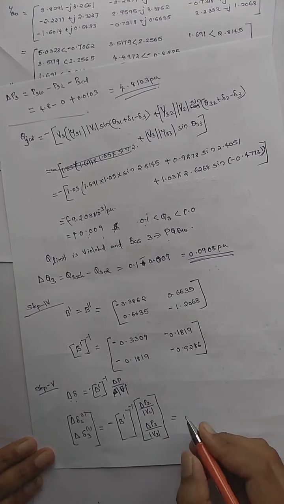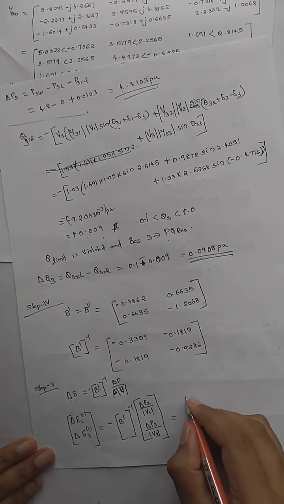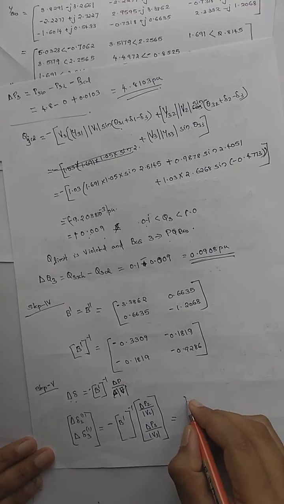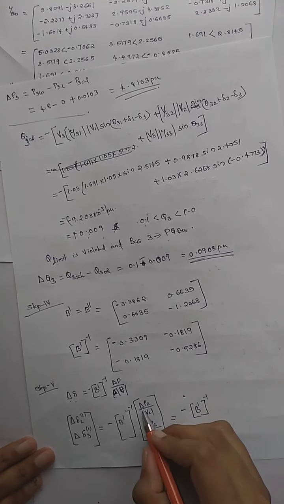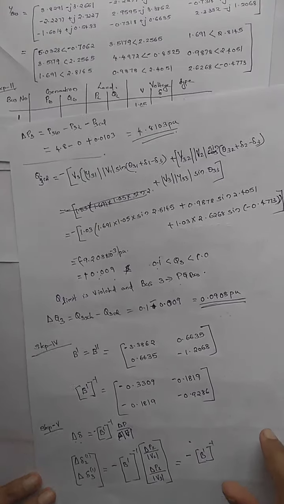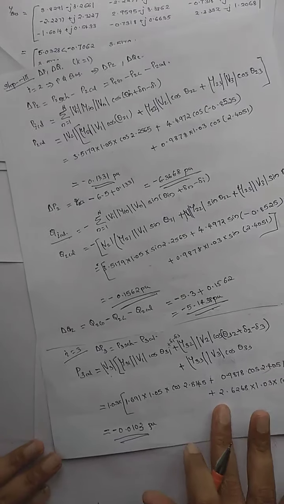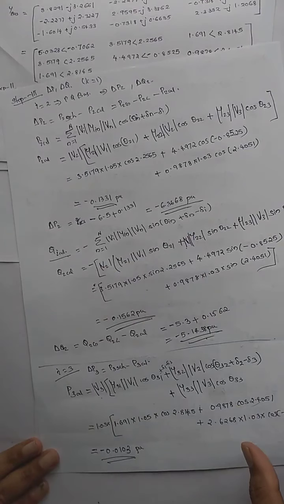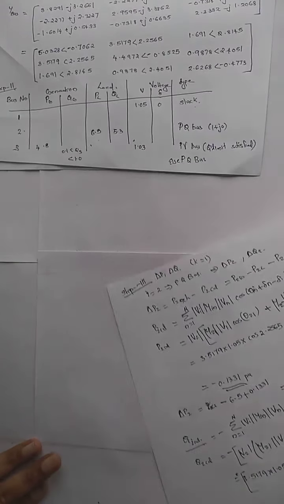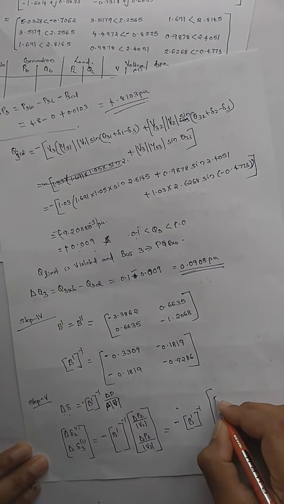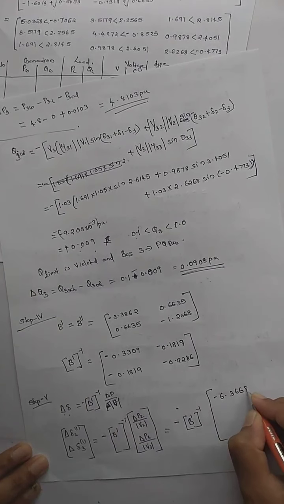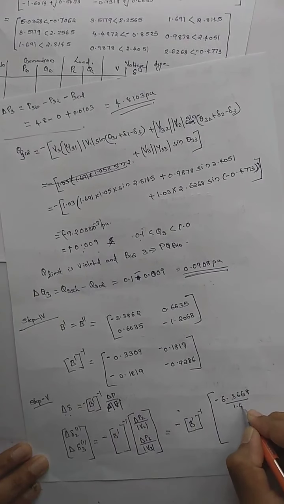That is equal to minus of B dash inverse into delta P2 value. What is the delta P2 value? The delta P2 value is here only, minus 6.3668, divided by the V2 value, which is 1 itself.